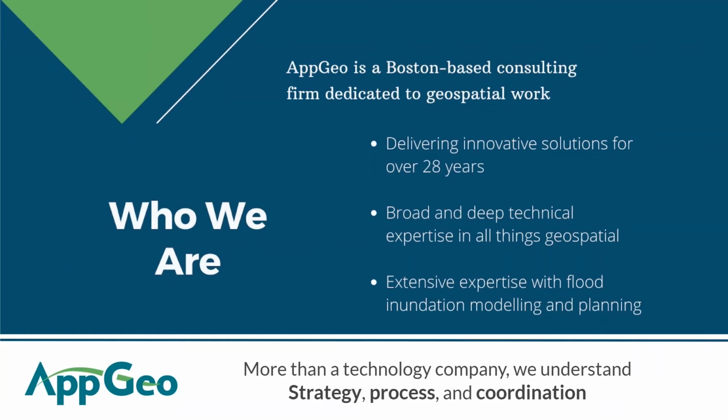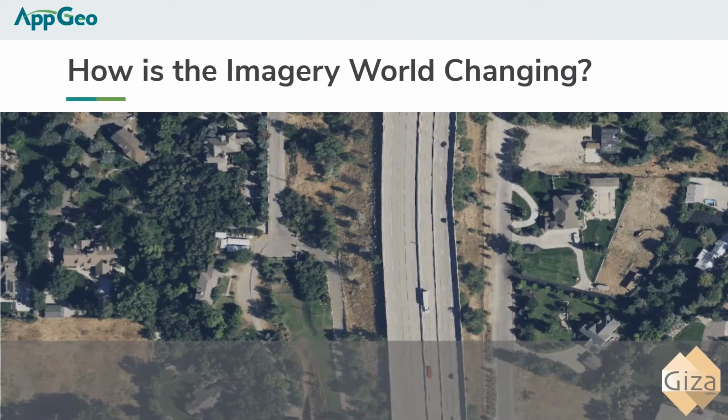And our technical knowledge and experience goes beyond just selling imagery or selling a product. We really work closely with our clients to understand their needs, get them the right tools, and help them answer the questions that they're really looking at. So we encourage you to follow up and learn a little bit more about some of our key projects afterwards, and trust that you're in good hands when working with AppGeo.